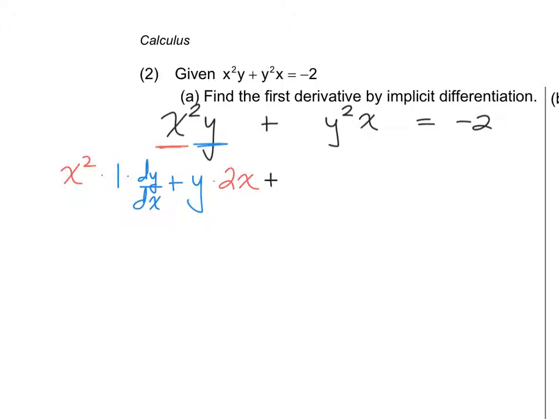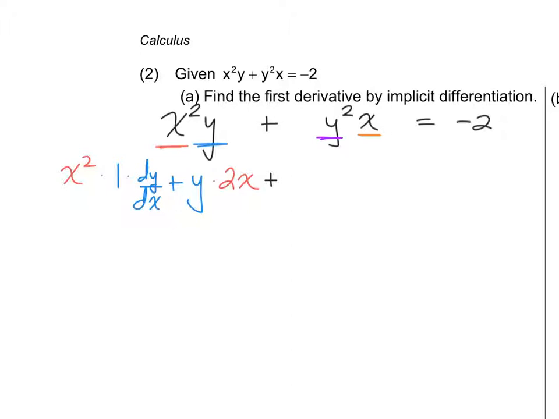So that's the product rule, except when we go to take the derivative of the y term, we have to slap on a dy dx. Now for the second part, also a product, so we'll use the product rule.